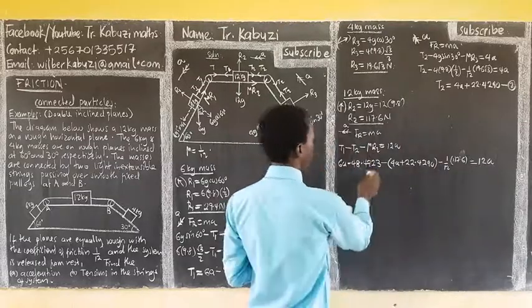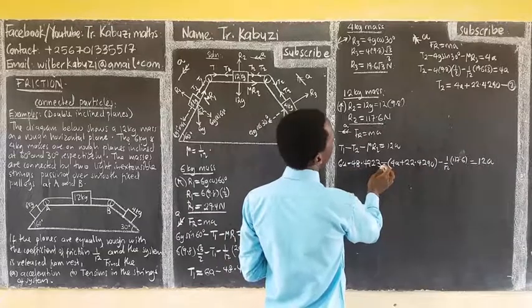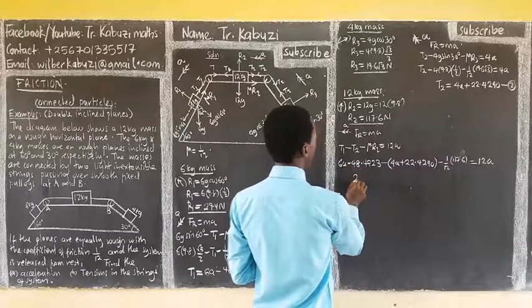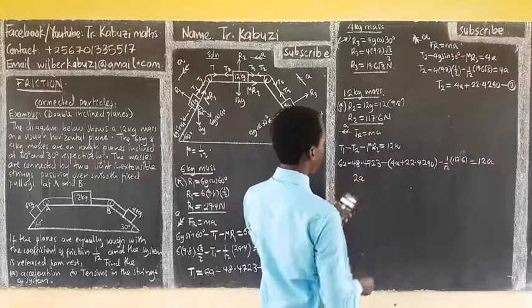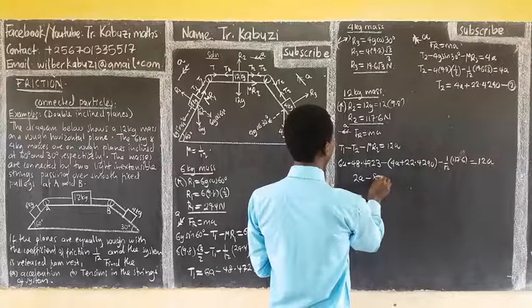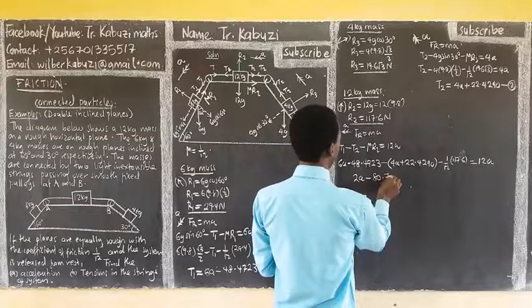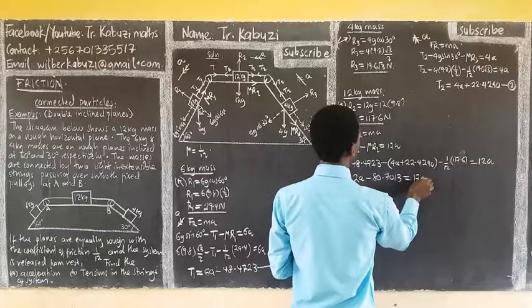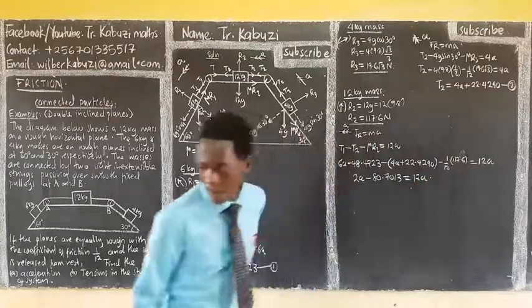So this 6 minus this, I get 2A, this minus this, then minus 80.7013, all equal to 12A.